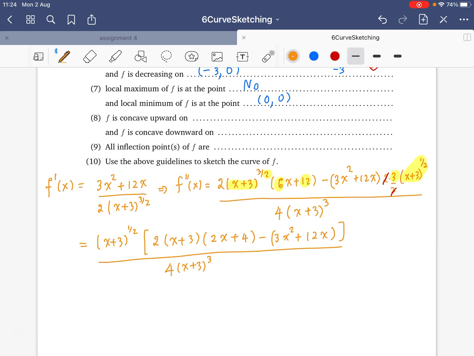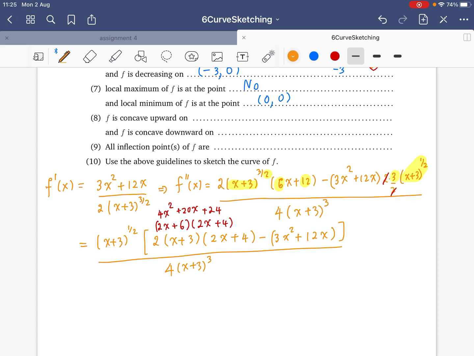Here, you can do it either way. You can have several ways to do it. For example, you may think that this one is 2x plus 6, and then 2x plus 4. So altogether will be 4x squared, and then 24, and then this one is like 12 and 8, so 20x.